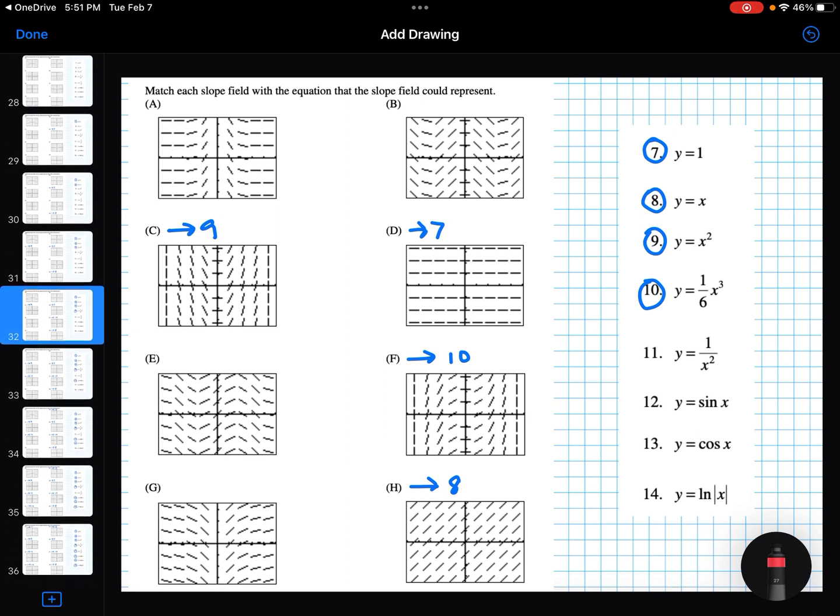Really take a minute to kind of step back and look at the slope field through the eyes of someone admiring an impressionist painting, because that's essentially what you're looking at here. I'm going to skip number 11 right now, but just for future reference, number 11 would have a vertical asymptote at x equals 0, and there's only a couple that fit that, A and G. But let's go on to sine of x.